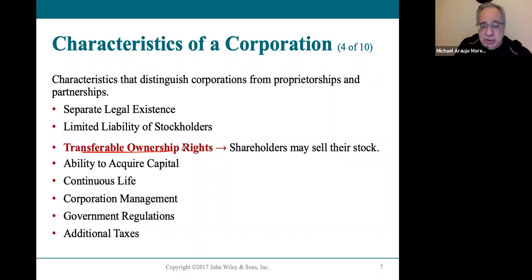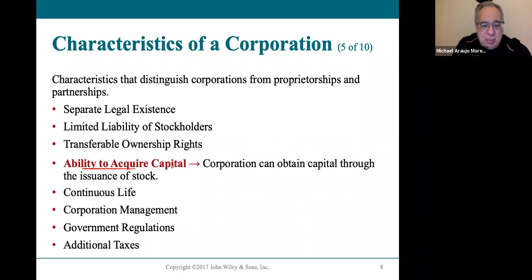That's it. Owners are being traded all the time, but nothing happens to the corporation, which is really important. That's because the ownership of a corporation and the management of the corporation are separate. That's a unique thing about a corporation that doesn't happen with sole proprietorships or partnerships.